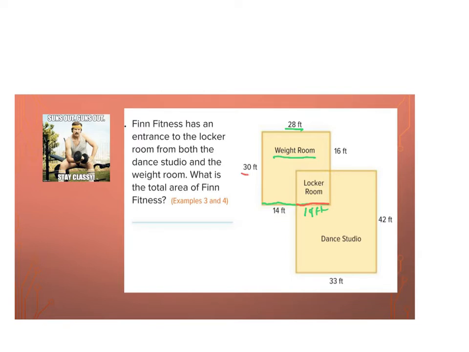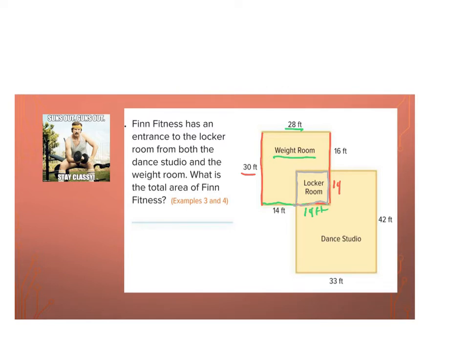And if you see on this side, this whole segment has to be 30. So 30 minus 16 is 14, which also shows us that, let me try to find a color that will work, this is also a square because it is 14 by 14 feet.